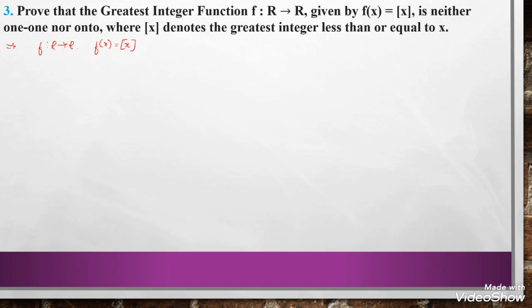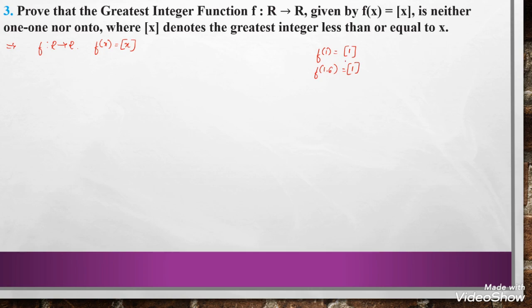According to the definition of the greatest integer function, whatever values we take, for example, f of 1 can be written as the greatest integer of 1. Then f of 1.6 is also 1.